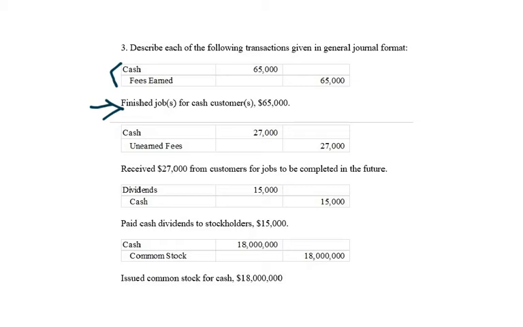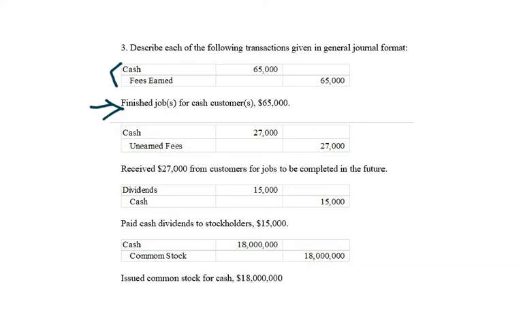Now, if you're silent on that and I say you collected cash, I'm going to assume that you finished the work. We can add that additional detail: collected cash for jobs completed, $65,000. But it's kind of implicit, because why else are you collecting the cash? The only other reasons we'd be collecting would be, well, two. One, we've already done the work and they're making good on an accounts receivable, so collected cash on account or on credit.